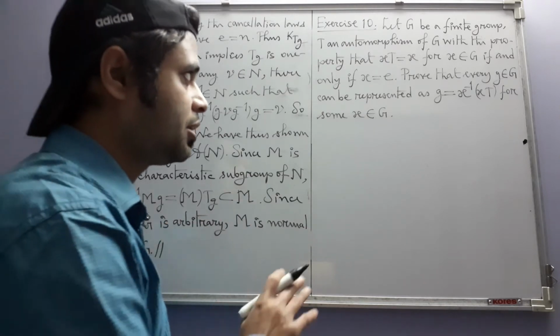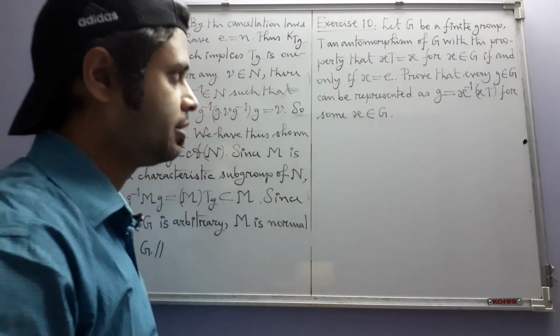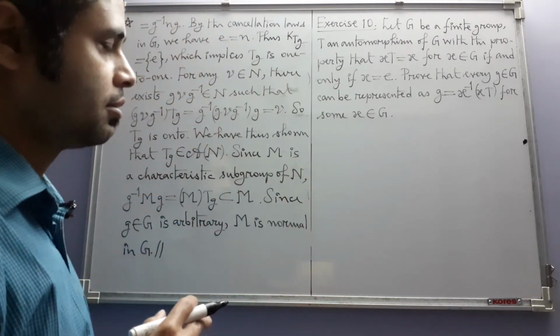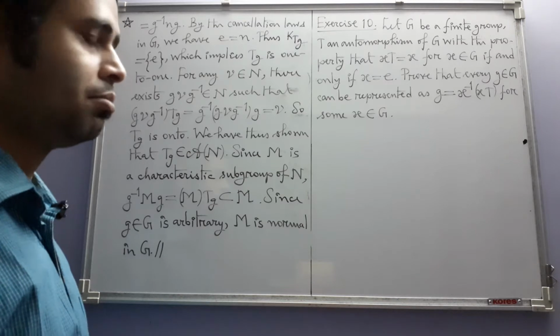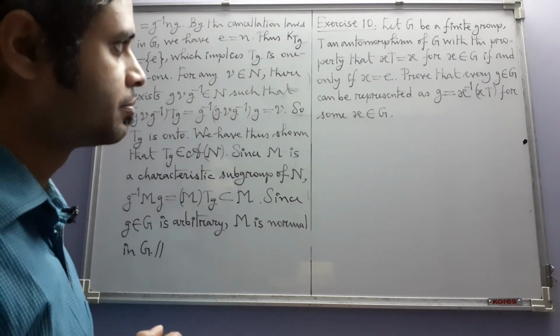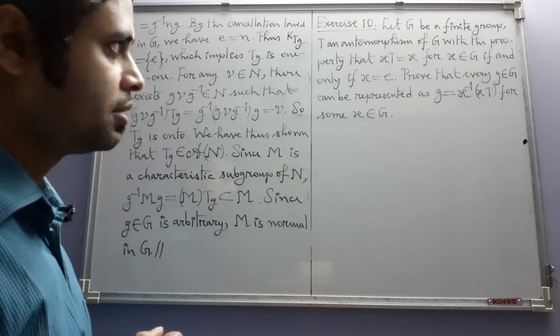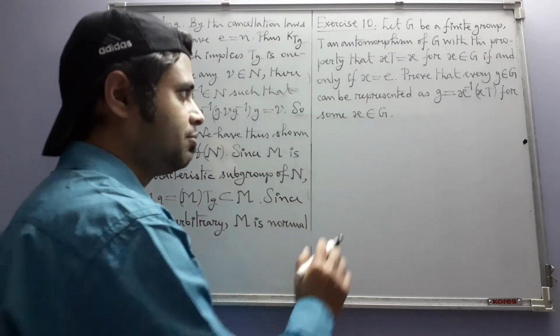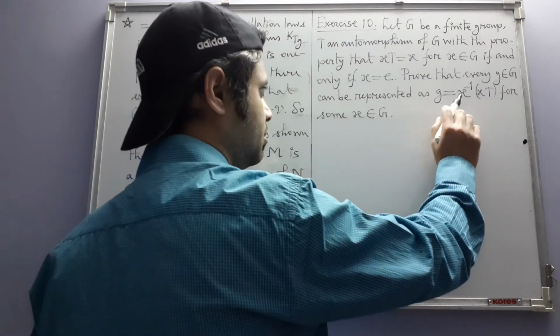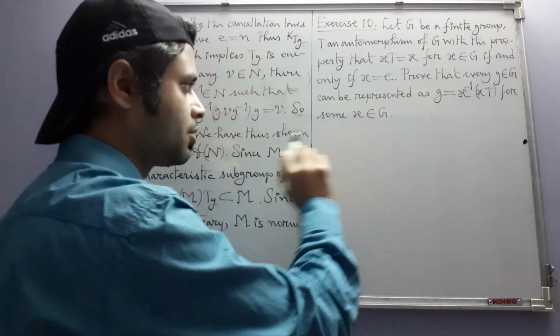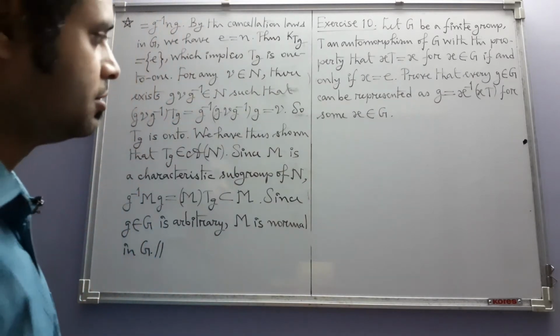No element in the group other than the identity is kept the same by the map T. If this happens, then we have to prove that every element g can be represented in this form for some element x in G.